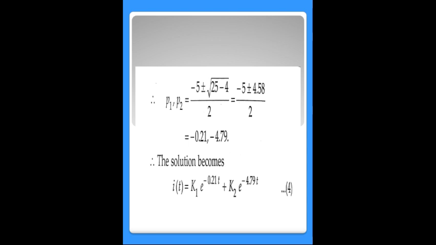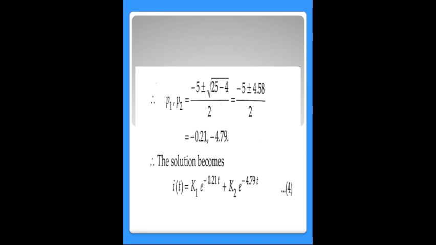Now the roots of the equation are p1 and p2, and their value is (minus 5 plus minus under root 25 minus 4) upon 2. The values are minus 0.21 and minus 4.79.